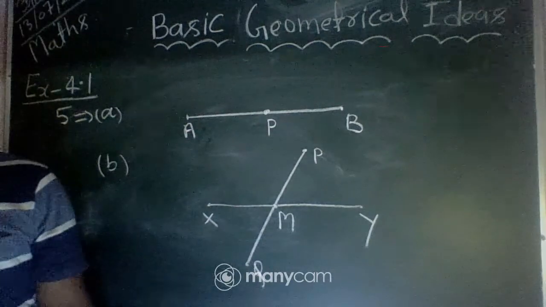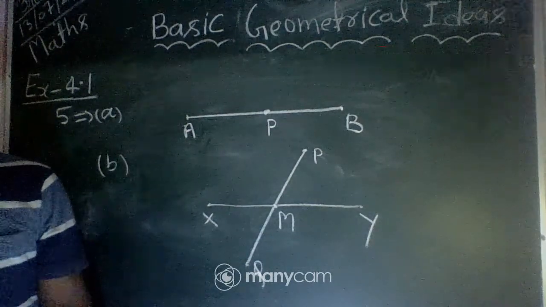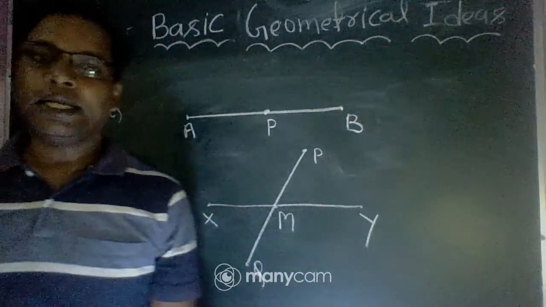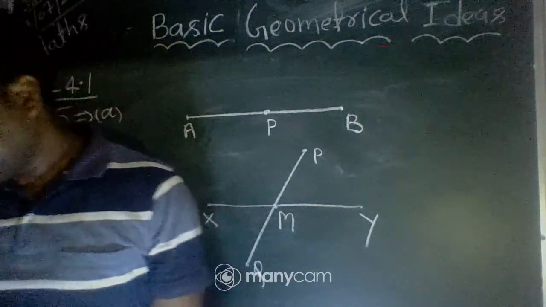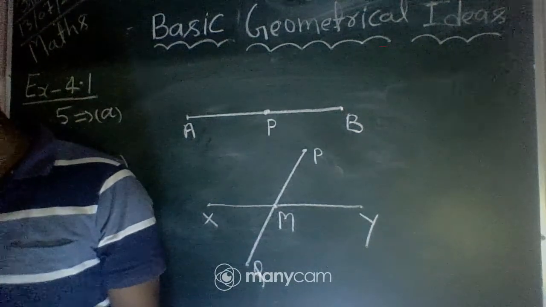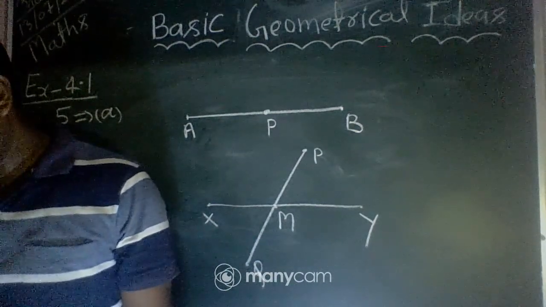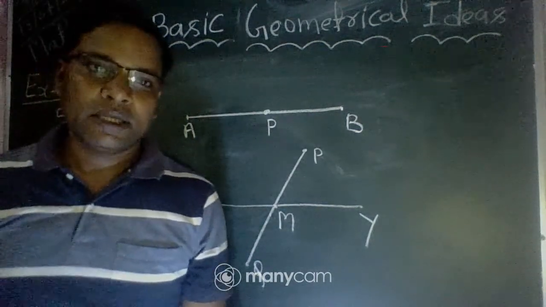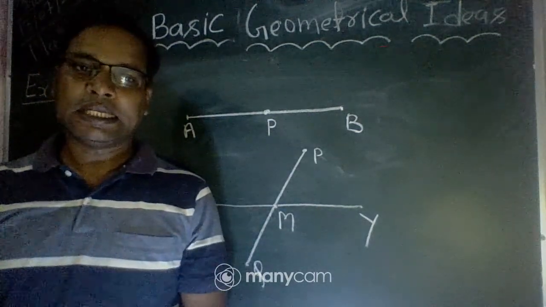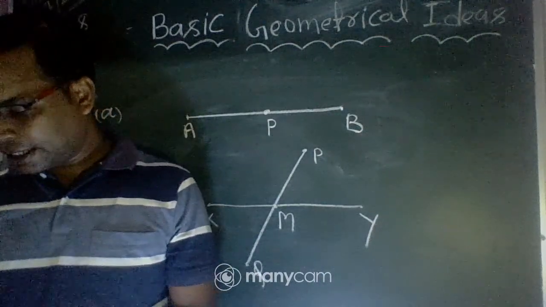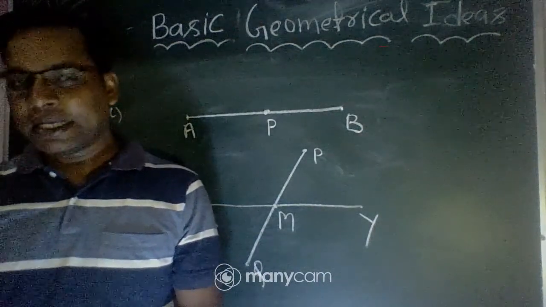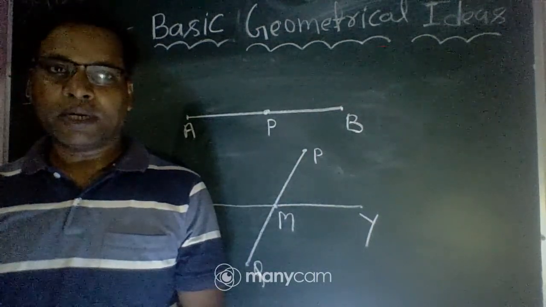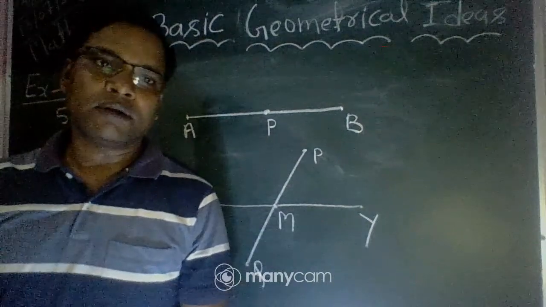And the C part: line L containing E and F but not D. So we draw a line L such that it contains point E and F but not point D. Let's see how to draw this line.